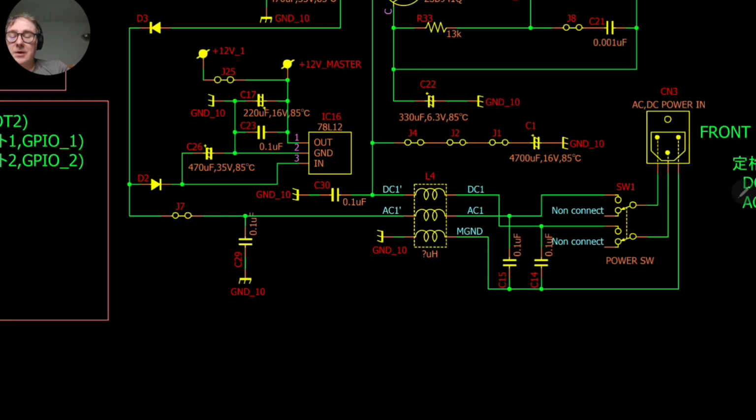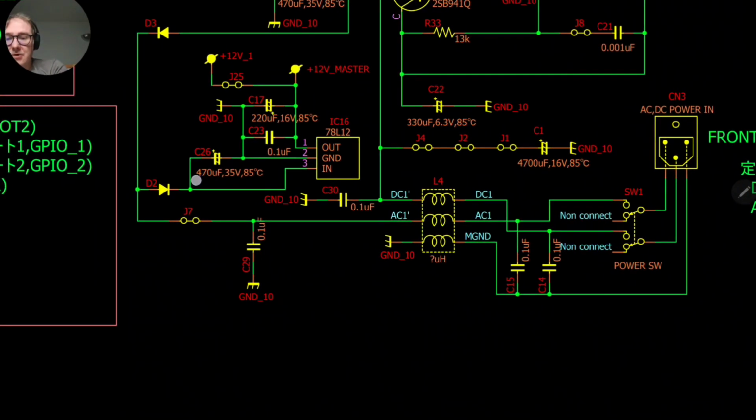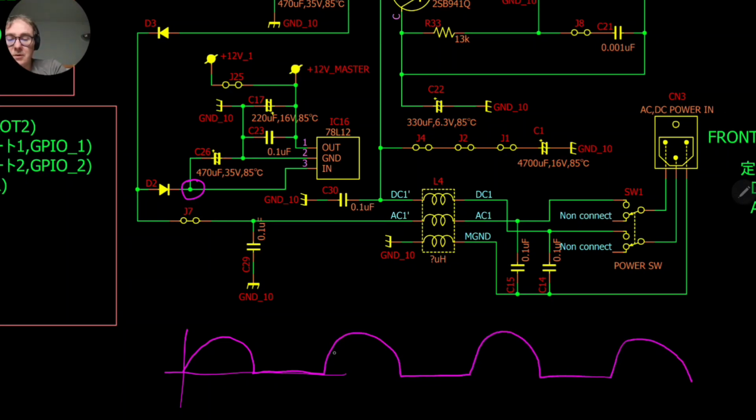So in practice, if we measure the tension in here, we'll see that it looks like this: positive, then 0, positive again, then 0, positive, 0, and so on. This is what we would be measuring at this point.